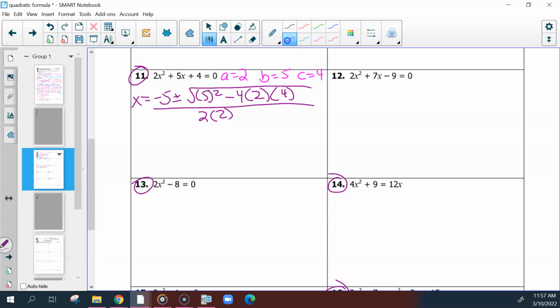Start to simplify, and what would your discriminant number be? Negative 7. What would our next step be? So if we take the square root of negative 7, what would that be?